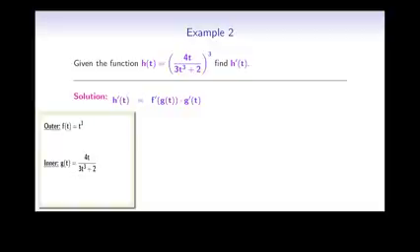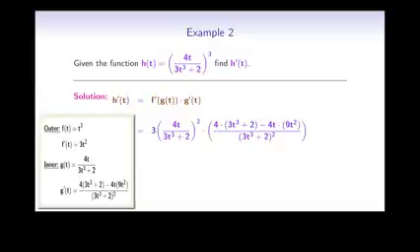Computing the derivatives, we see that h prime of t is 3 times the quantity 4t divided by 3t cubed plus 2, quantity squared, times 4 times 3t cubed plus 2 minus 4t times 9t squared, all divided by 3t cubed plus 2 quantity squared.